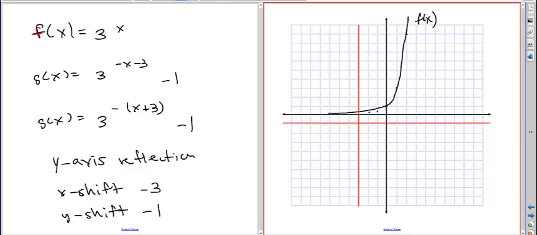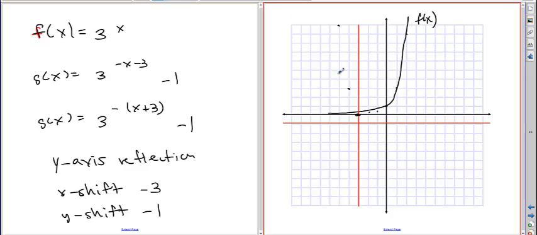And then we're going to plot the points. So you can go over here to your parent function, and you saw that above the origin, we go 1 unit. So we get to here, just like moved from here up 1 unit. Now since we have a y-axis reflection, we're going to go left 1 and up 3, and left 2 and up 9.